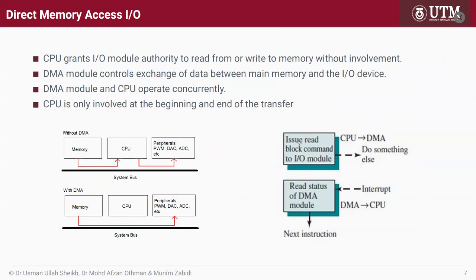All right, and then lastly, we have direct memory access. Okay, you can look at the flowchart on the right here. The processor sends a command to the device so that the device can do a direct memory access, and then when the transfer is done, the device informs the processor that the transfer is complete.